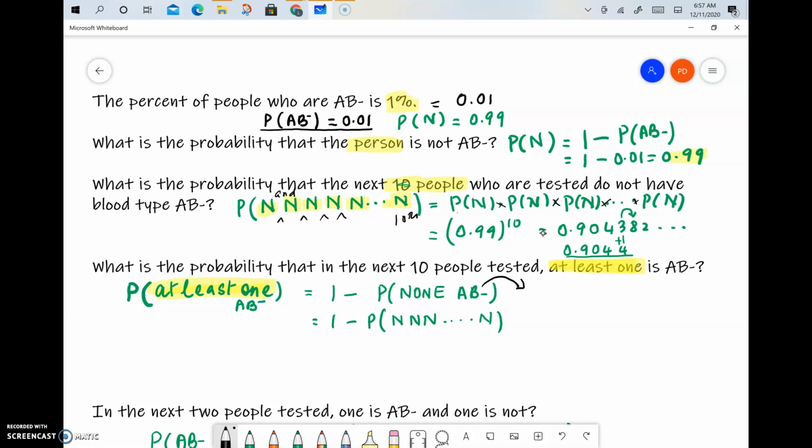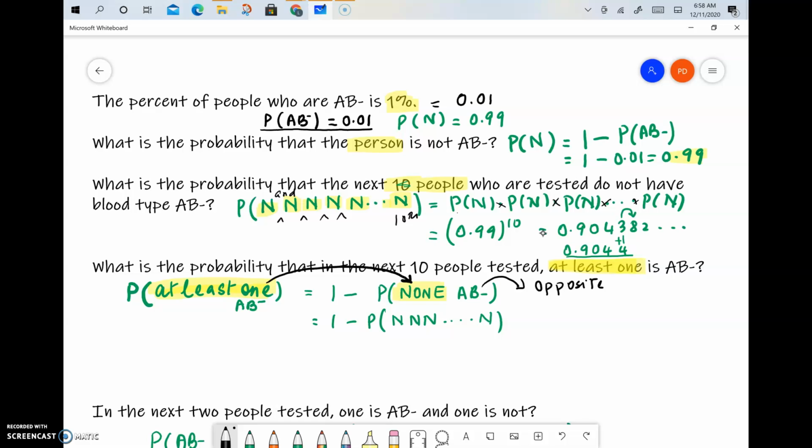So what is the opposite of at least one being AB negative? If we are confused at all, just replace at least one with none.